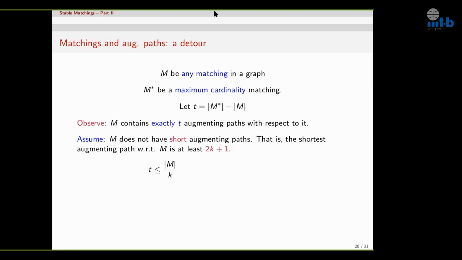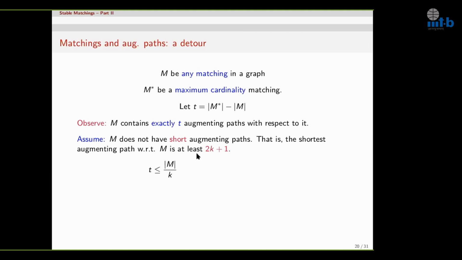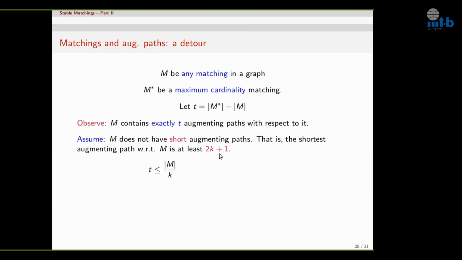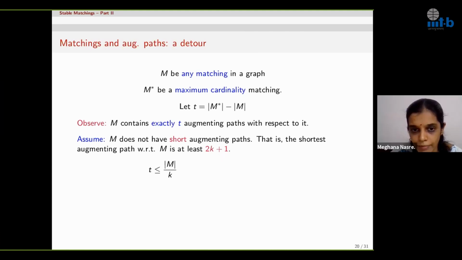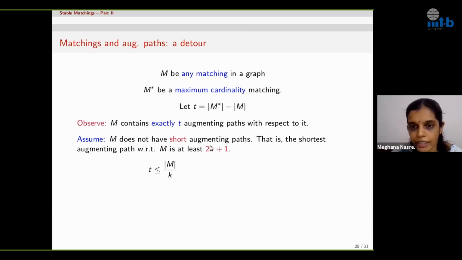Maybe I missed something. What is k here? I said that the shortest augmenting path with respect to M is at least 2k plus 1, so k is any fixed integer. If you fix k equal to 1, then the shortest augmenting path is of length 2 plus 1, which is 3.